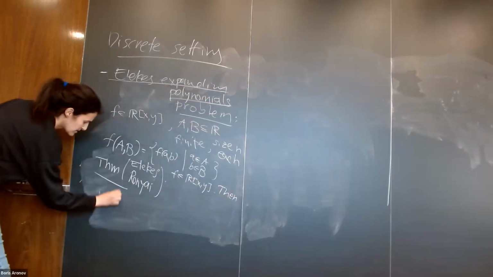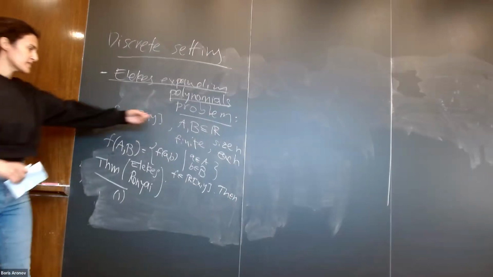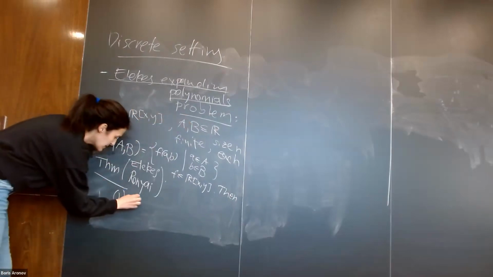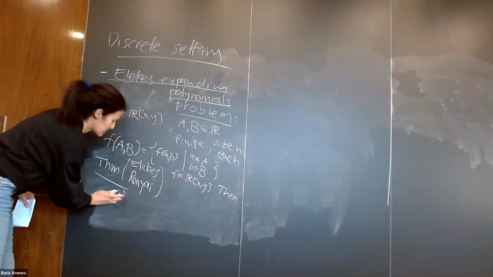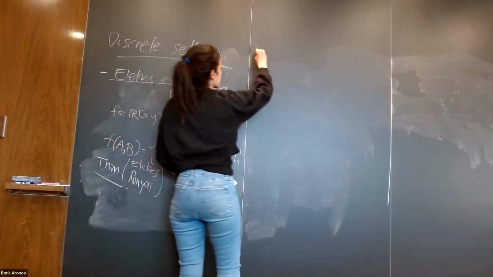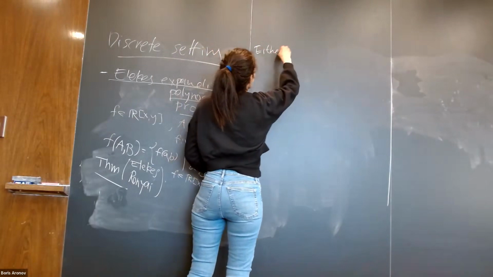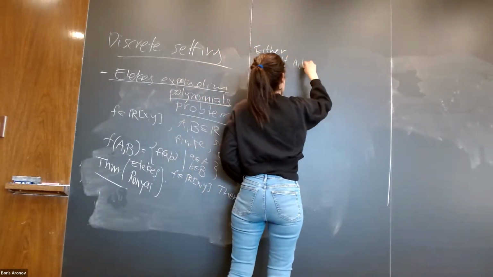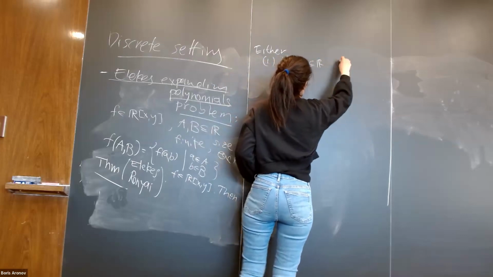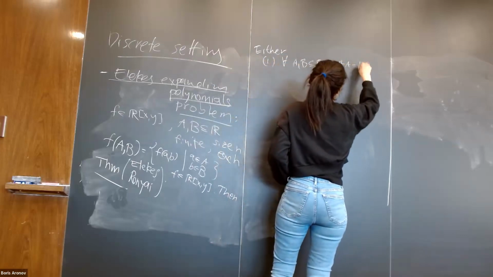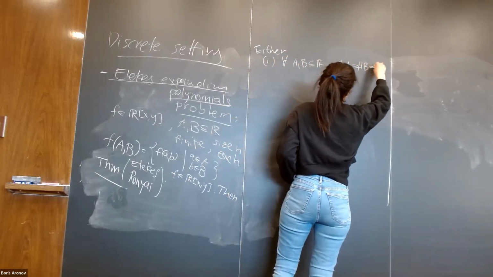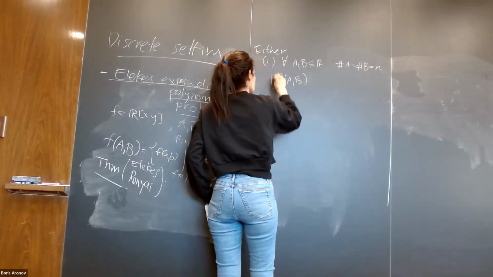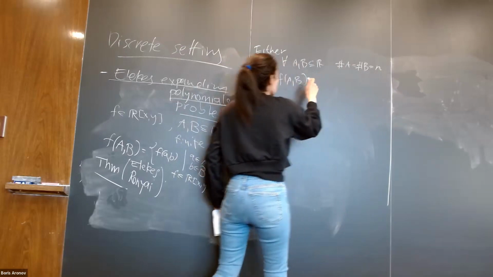So either for every A and B of cardinality n, the image is more than n.